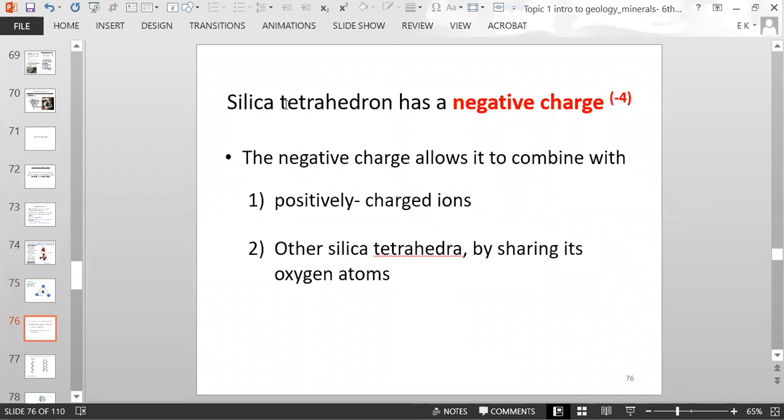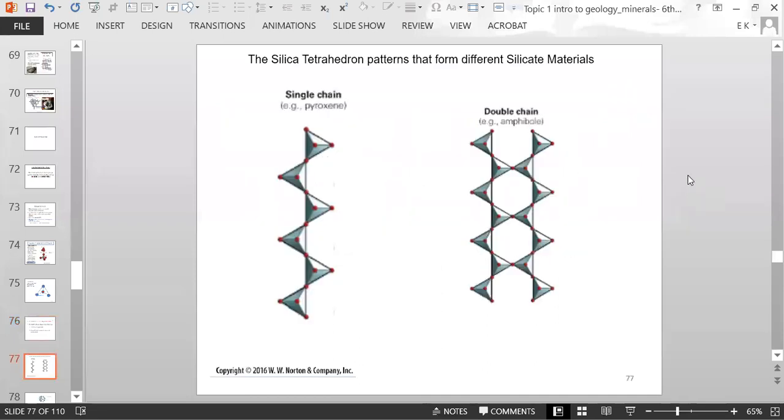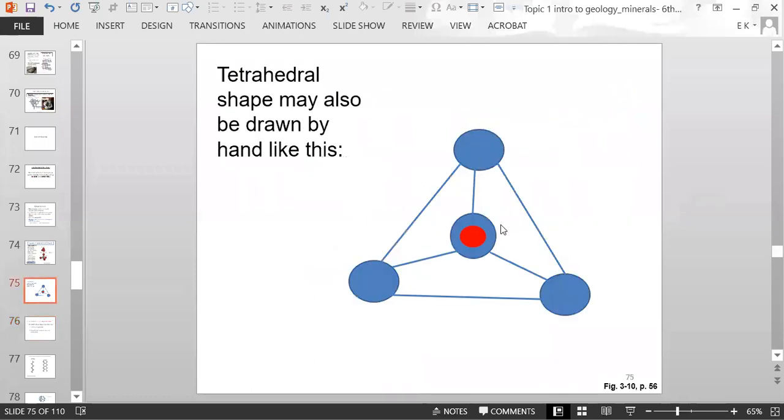Okay, so the silica tetrahedron has a -4 charge, so that allows it to combine with positively charged ions or other silica tetrahedra. In that case, they share oxygen atoms. So what happens is you get these chains of silica tetrahedra. Sometimes you have a single chain where each of these triangles represents another one of these silica tetrahedra.